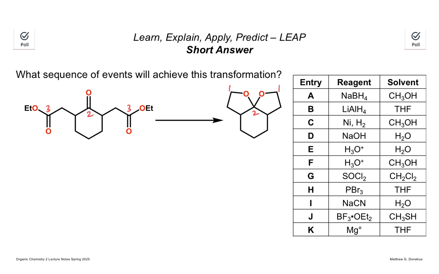And to overcome that and retain the oxidation state 2, we have to protect it first as the ketal. So when we scan our list of reagents, it looks like we could start with F as step 1. So CH3OH in acid.